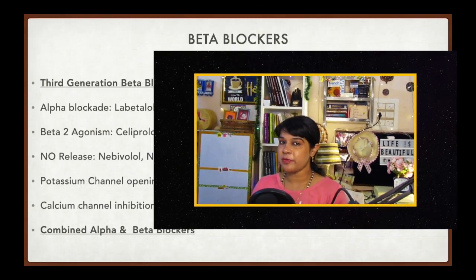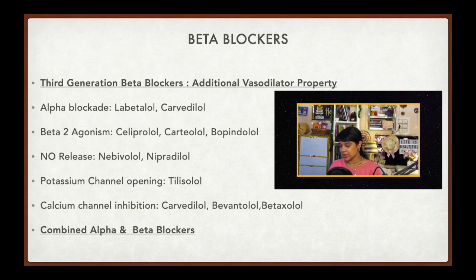Let's come to the next group of drugs, third generation beta blockers. They have an additional vasodilatory property, and this can be due to different mechanisms. First mechanism is alpha blockade. The drugs are labetalol, carvedilol. The second mechanism is beta-2 agonism. The drugs are celiprolol, carteolol, bopindolol. The third mechanism is release of nitric oxide.